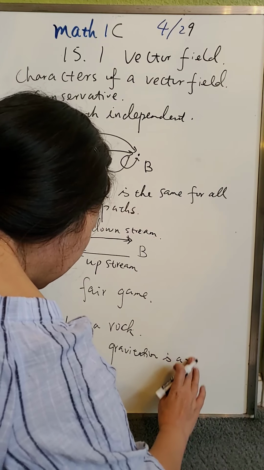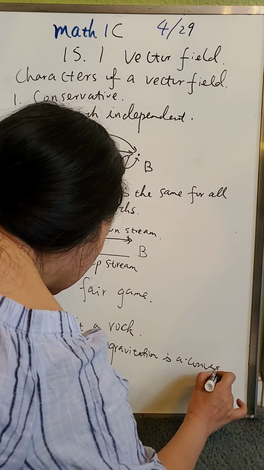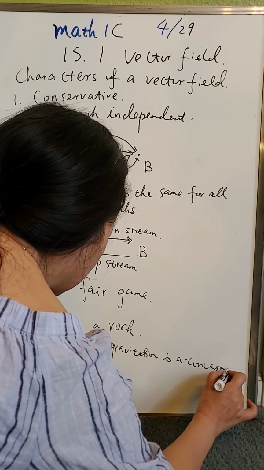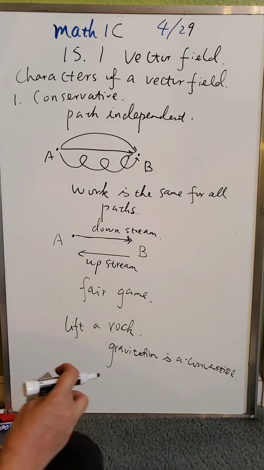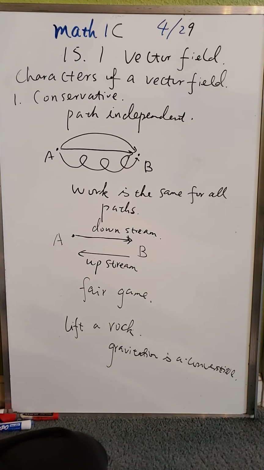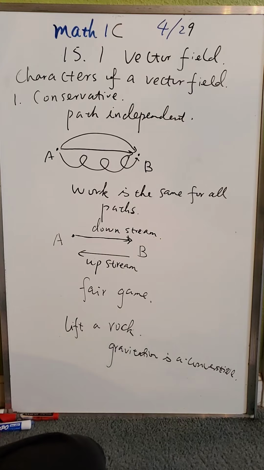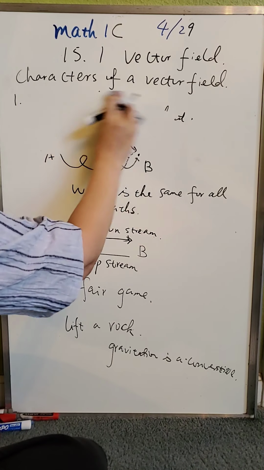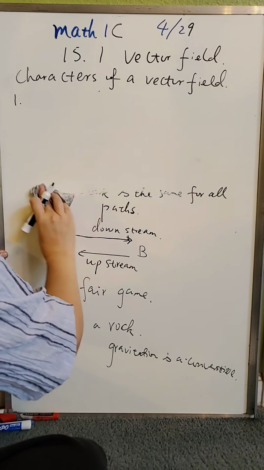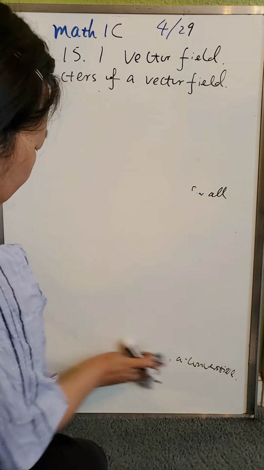Gravitation is conservative also. So now we learn what a conservative field is. Now we're going to learn how to judge for conservative. Basically a couple of keywords: path independent, fair games. Just remember these keywords.